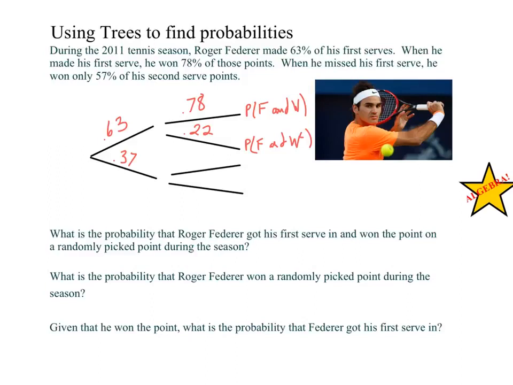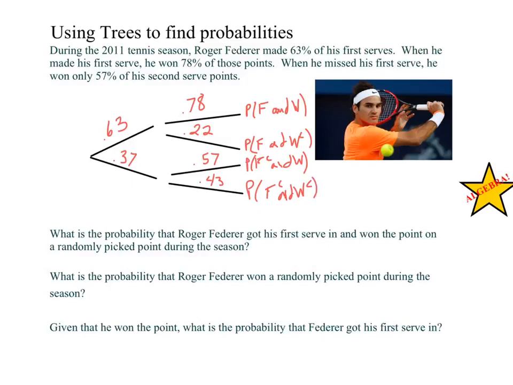And of those serves, he won 0.57. So 0.43, he didn't. So probability of first serve complement and win. Probability of first serve complement and win complement. Okay?